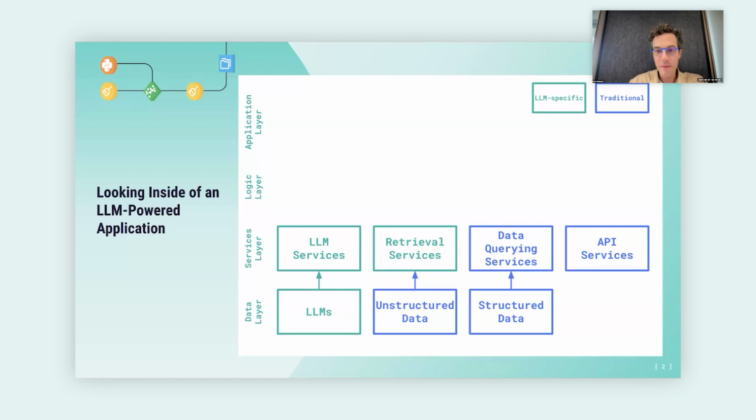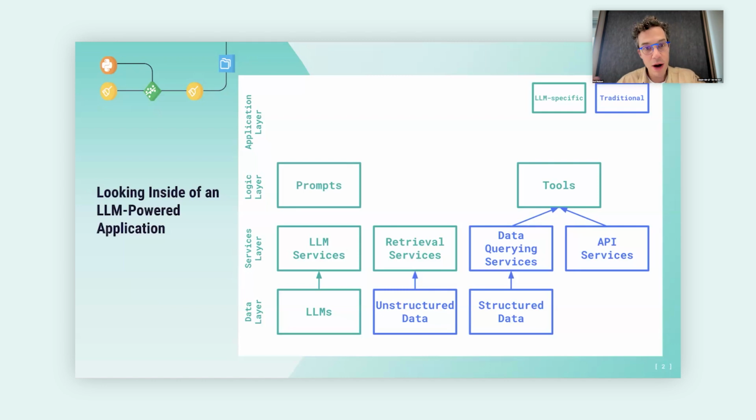Okay, let's move up a little here. The interesting thing now for an LLM specific application is that those two last services, data querying services and API services, are going to be considered tools for this LLM powered application, right? That are going to be used or can be used to solve for the task that has been given to it. Finally, at that logic layer as well, we're going to have prompts. Prompts, of course, we're familiar with them.